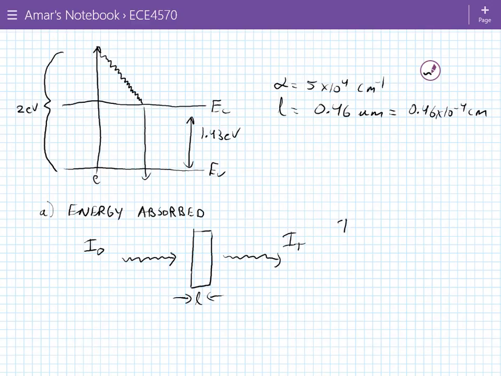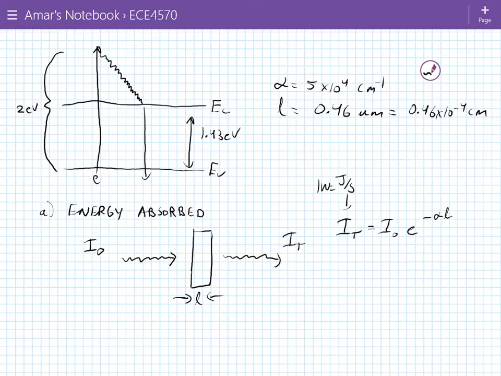So the transmitted light is equal to I0 e to the negative alpha times L. 1 watt is 1 joule per second. So the transmitted light is in watts. I0 is also in watts.